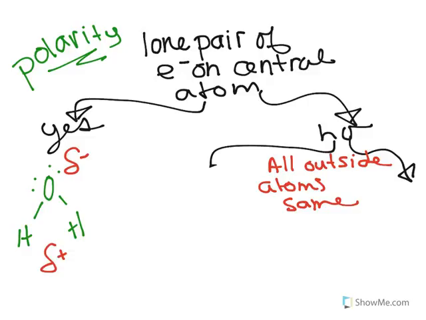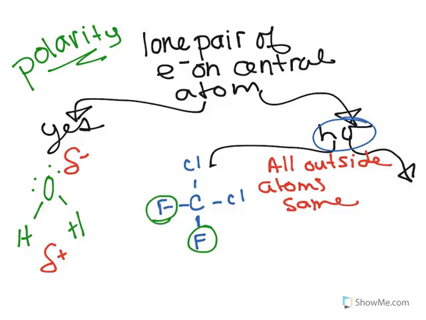But what if there are no lone pairs of electrons on the central atom? Then you would go over here and ask yourself a second question: are all the outside atoms the same? So if I were looking at this molecule right here, although it has no lone pairs on the central atom, the outside atoms are not all the same.